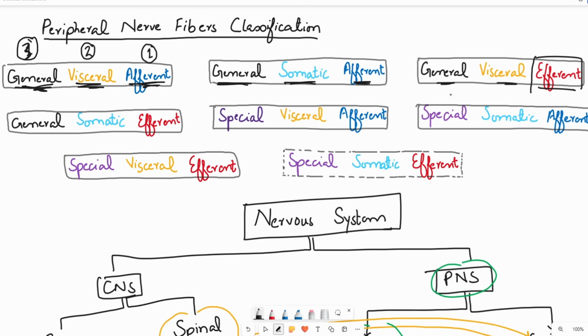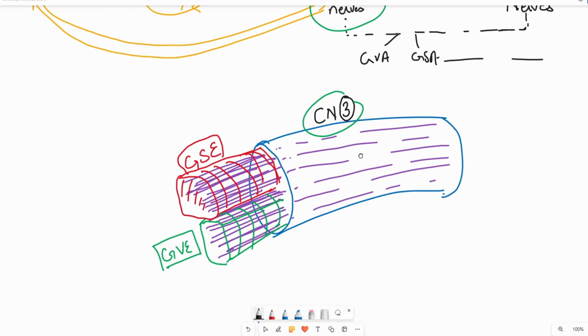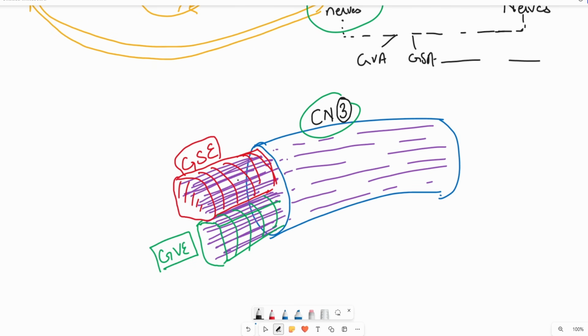If we combine these three parts, what we will do in today's lecture is take a look at the nerve fiber and see whether it is afferent or efferent, whether it is visceral or somatic, and whether it is general or special.